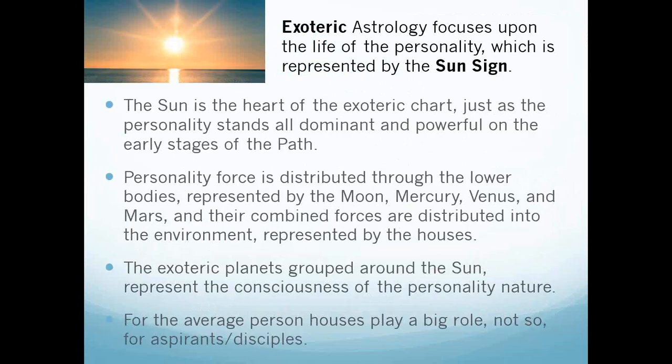The exoteric planets grouped around the sun represent the consciousness of the personality nature. For the average person, houses play a very big role, but not so for aspirants and disciples. So that's an interesting thing to keep in mind, isn't it?